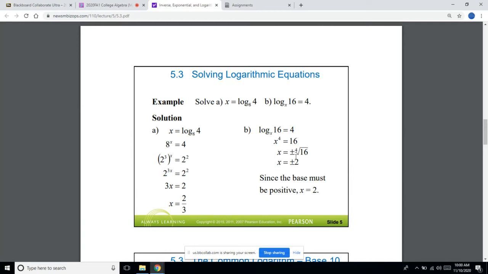The way that this problem is solved is we can raise both sides to the 1/4 power. If I have x to the 4th raised to the 1/4, 4 times 1/4 gives 1, so we get x.